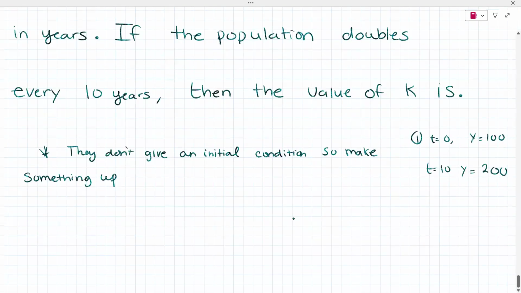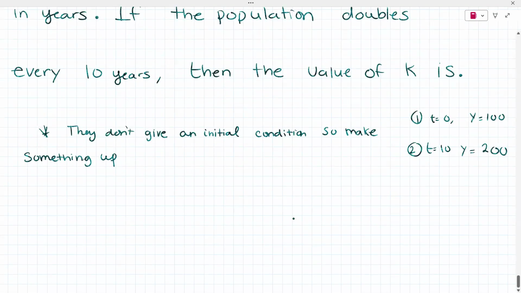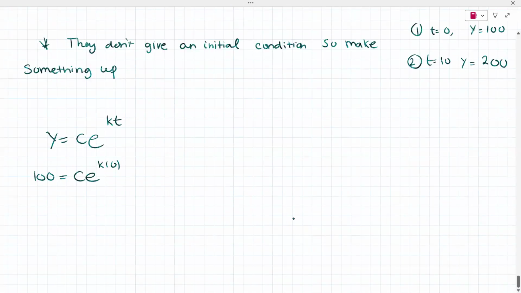So now we have two conditions. Let's find our c and let's find our k. y equals c e to the kt. My y is 100, c e, and my time is 0. So 100 equals c e, and k times 0 is 0. e raised to 0 is 1.